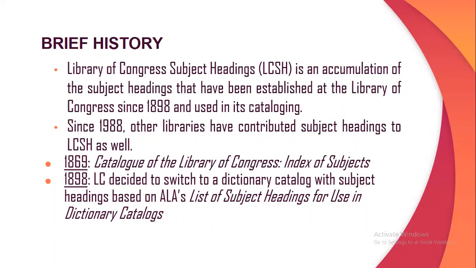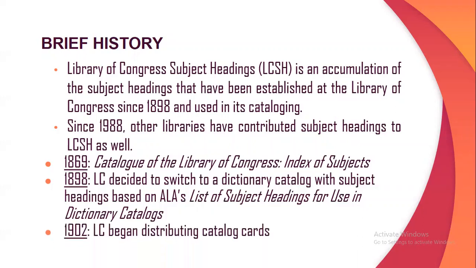For their background, dictionary catalogs were coming into vogue at this time, and the Library of Congress was also moving toward the development of its own classification system, as the classification system developed by Thomas Jefferson was no longer adequate. And in 1902, the Library of Congress began distributing catalog cards.